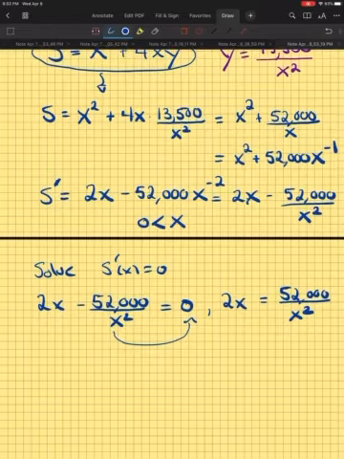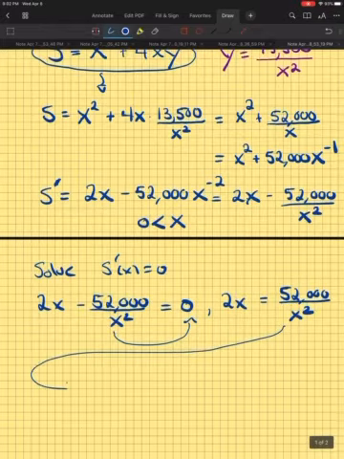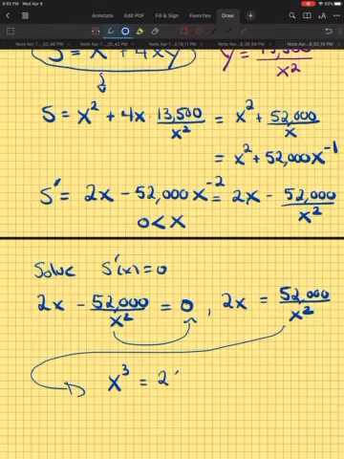And I'm going to multiply both sides by x squared and divide both sides by 2. So this gives me x cubed equals 26,000.